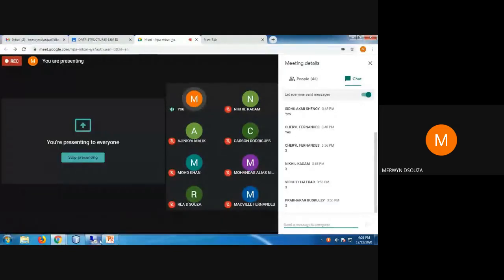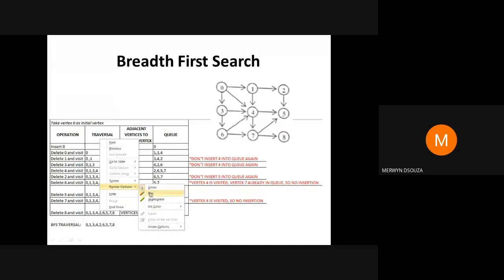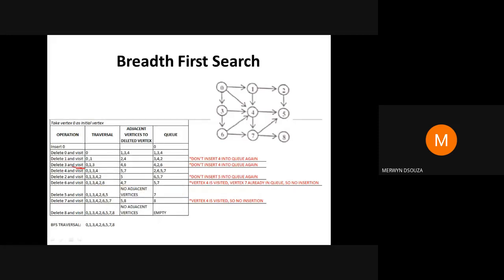Once you delete a vertex, you are going to visit it. When you say visit, you write this vertex in the traversal. So now you will have in your traversal 0, 1 and 3. Once you have deleted, you visit it.